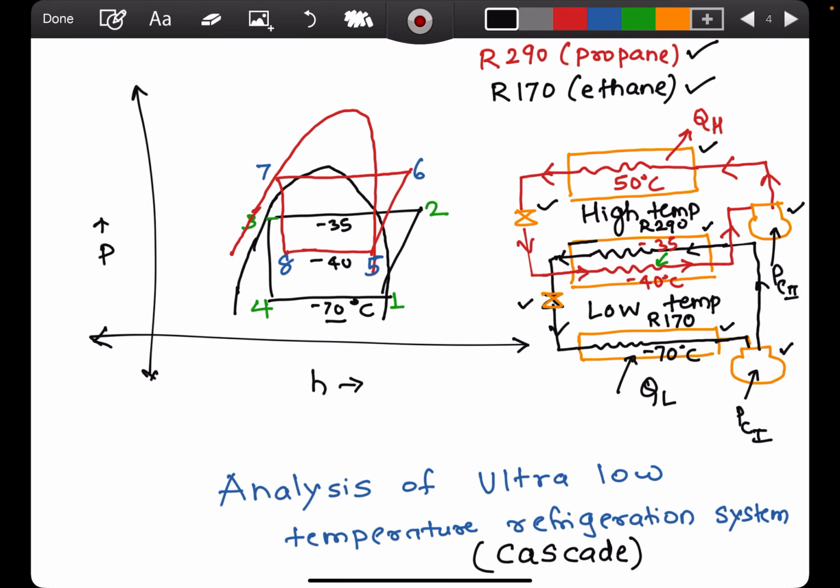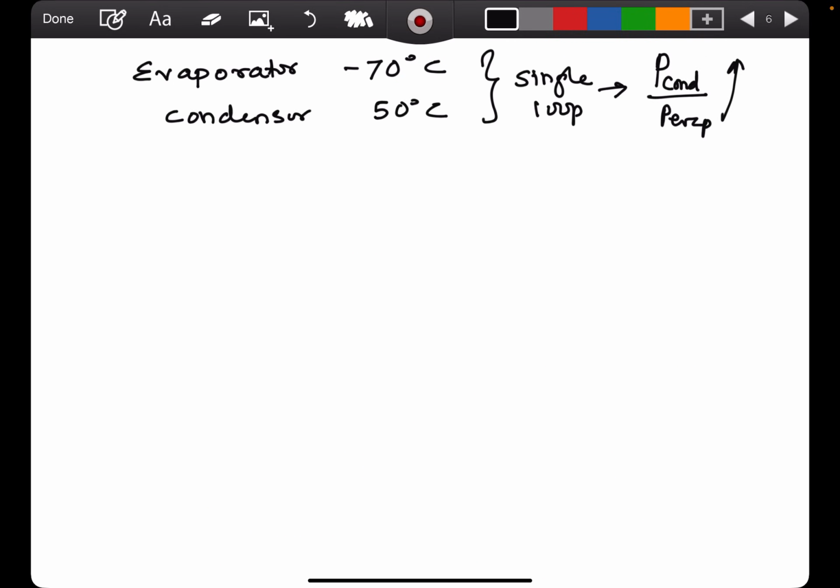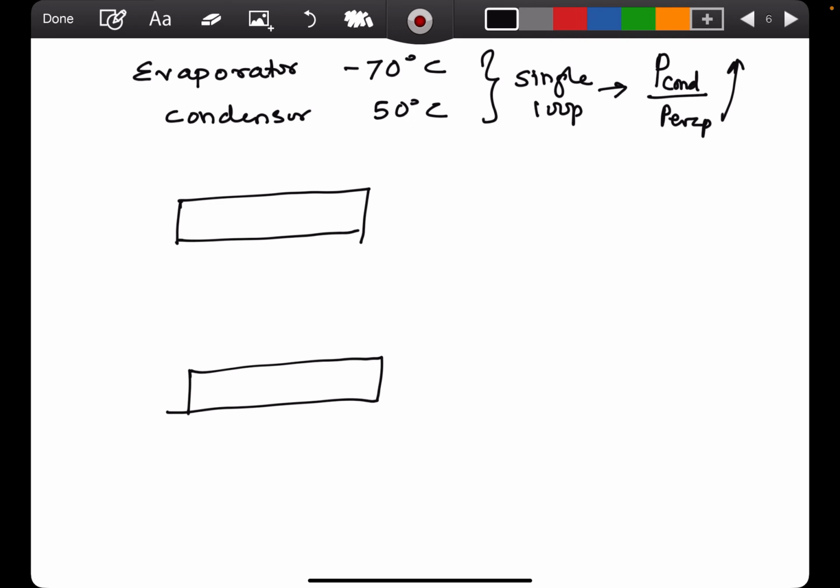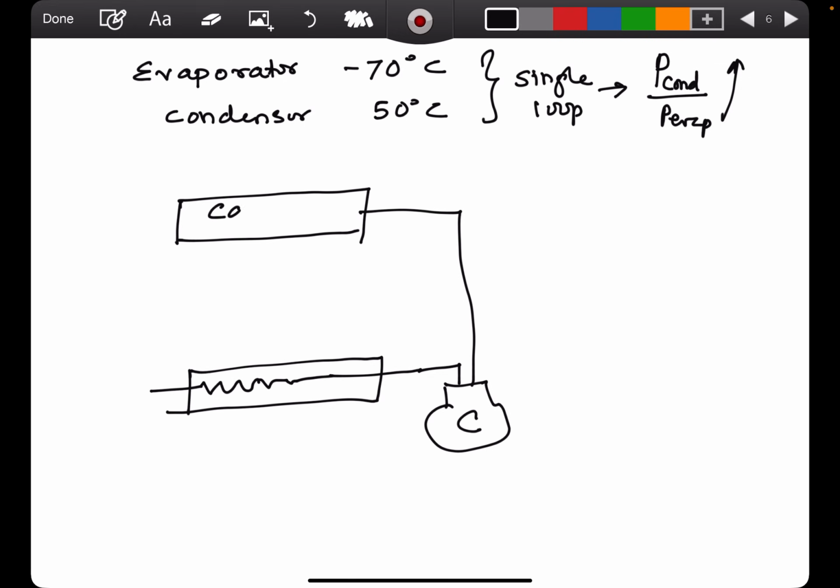We'll try to understand what happens. In the low temperature loop, similar to your regular refrigeration cycle, you would have the low temperature refrigerant evaporating in the evaporator, then it would be compressed in the compressor, then it would go to the common heat exchanger, which is known as the cascade heat exchanger, and then it would expand.